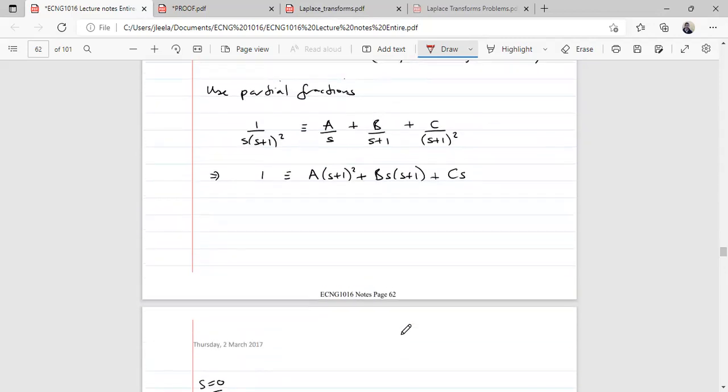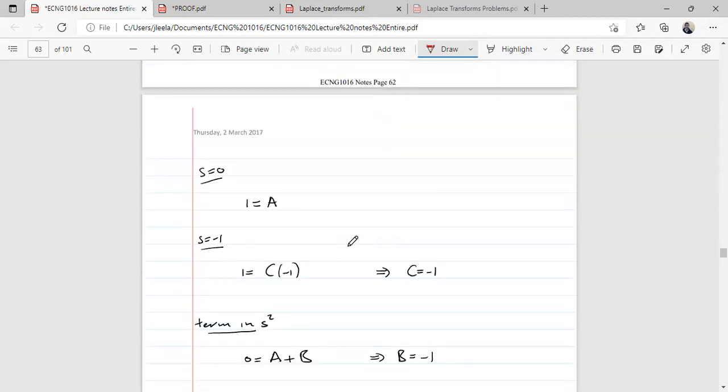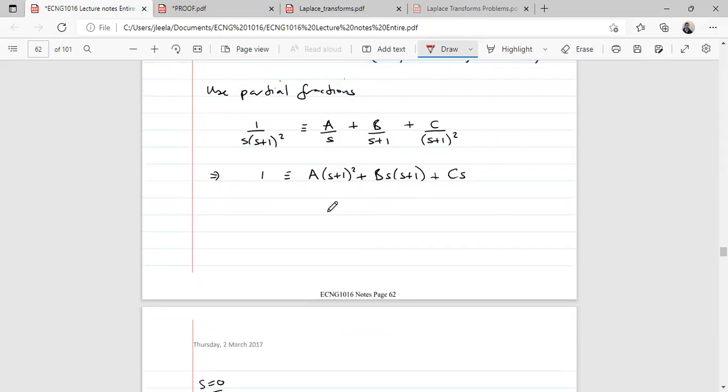And now, in order to evaluate the b, you need to equate coefficients. So here you'll have a s squared plus b s squared.